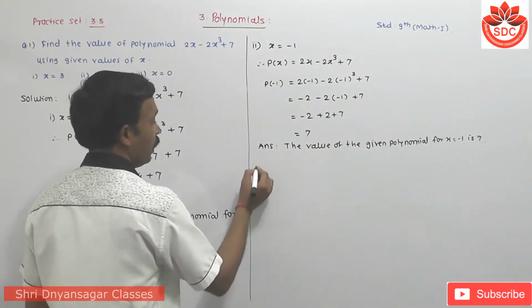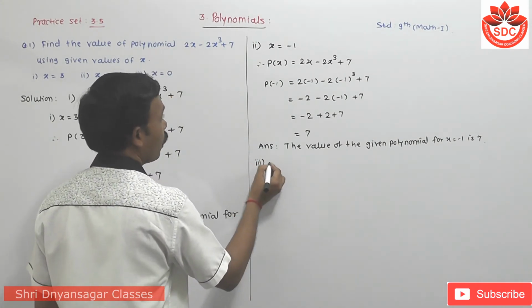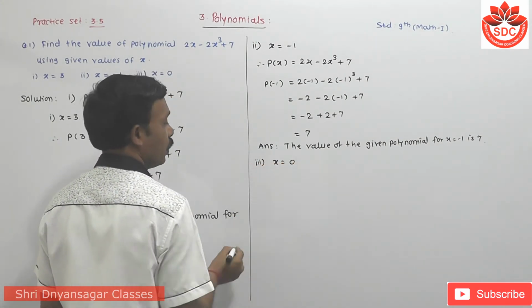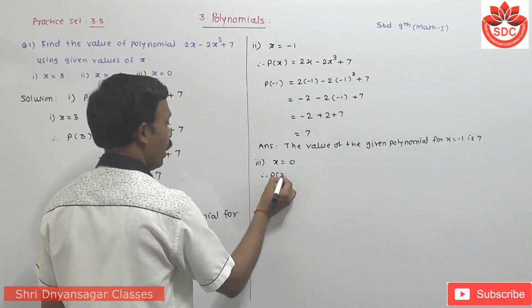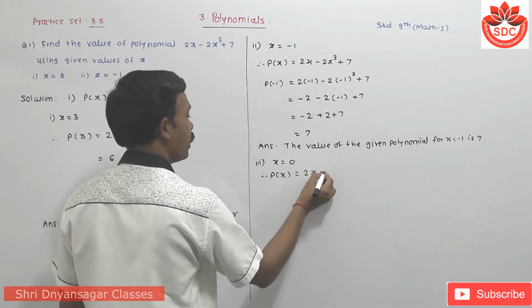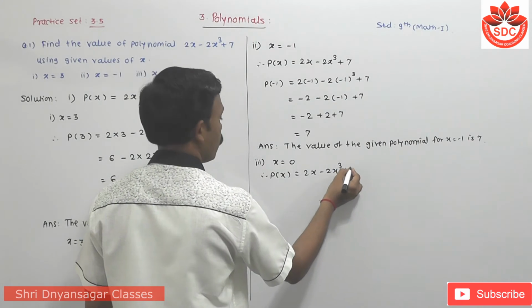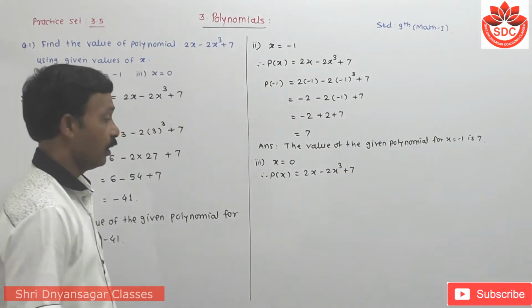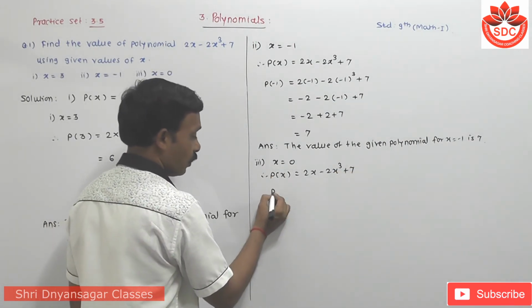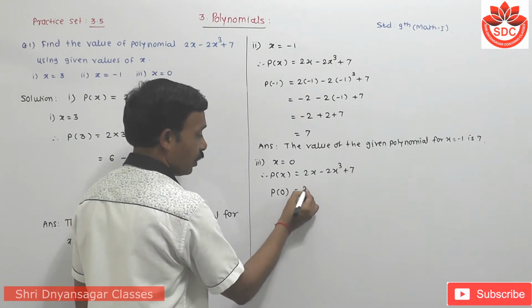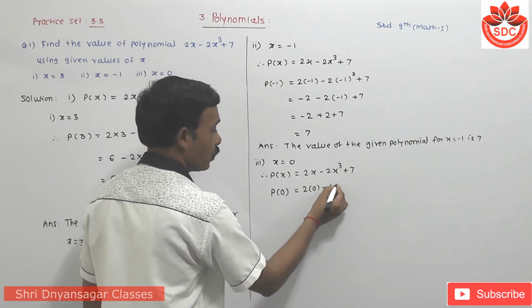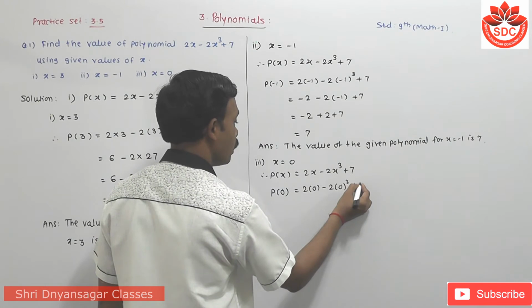Then the third one. We substitute x equals 0, which means p(0) equals 2 into 0 minus 2 into 0 cube plus 7.